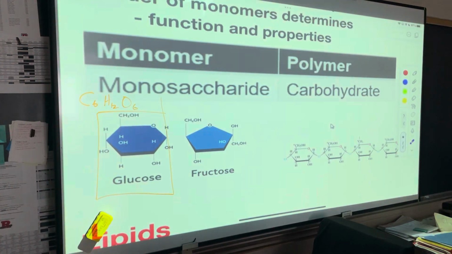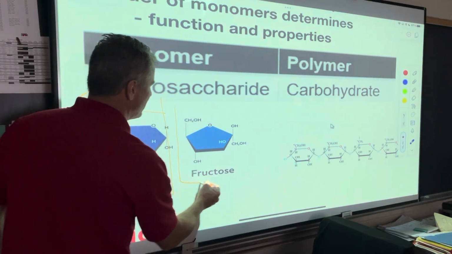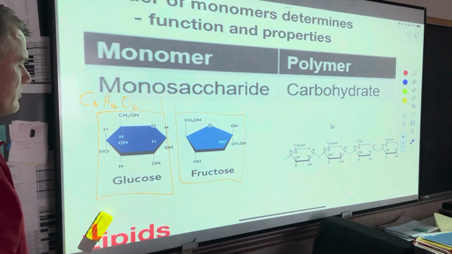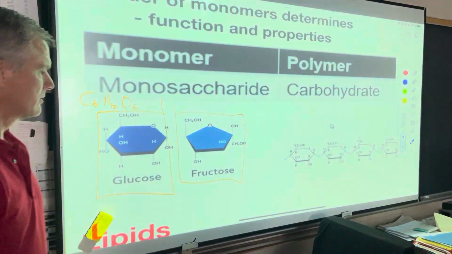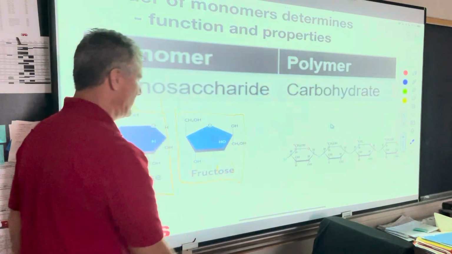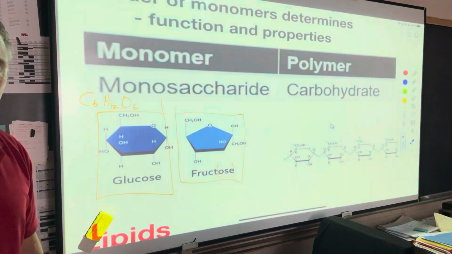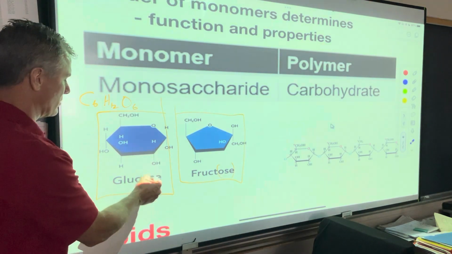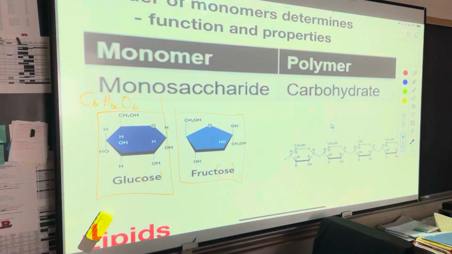Again, put it to memory. And over here is another monosaccharide, another monomer of carbohydrates. That's fructose. So that's like fruit sugar. And whenever you see the OSE at the end, you know you're looking at a sugar. Same thing here with glucose. OSE at the end. That's a sugar.